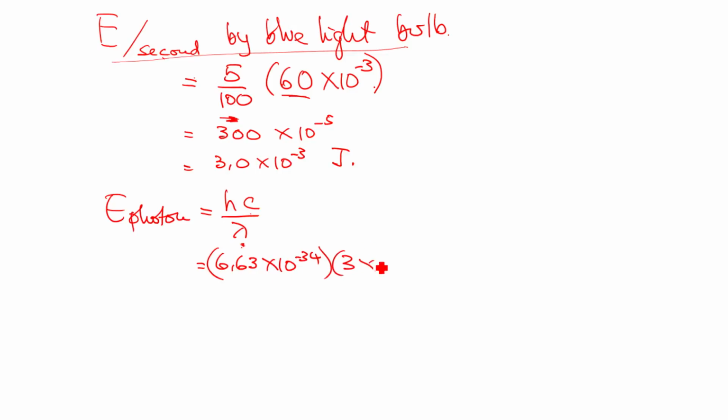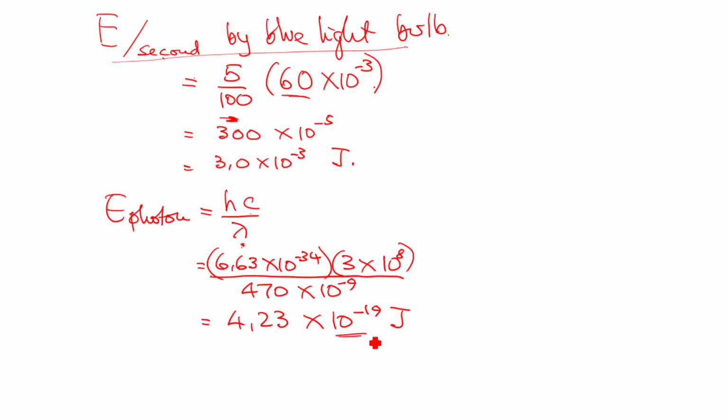The speed of light is 3 times 10 to the power 8 meters per second, and the wavelength, we were told, is 470 times 10 to the minus 9 meters. And when I work that out, you've got a calculator, is 4,23 times 10 to the minus 19 joules, and that 10 to the minus 19 is the kind of expected order of magnitude for the energy of a photon.